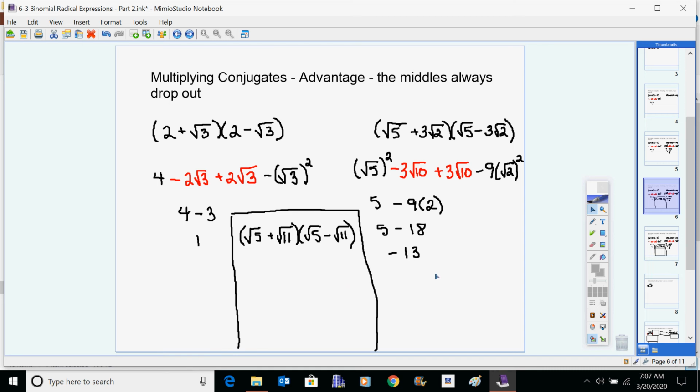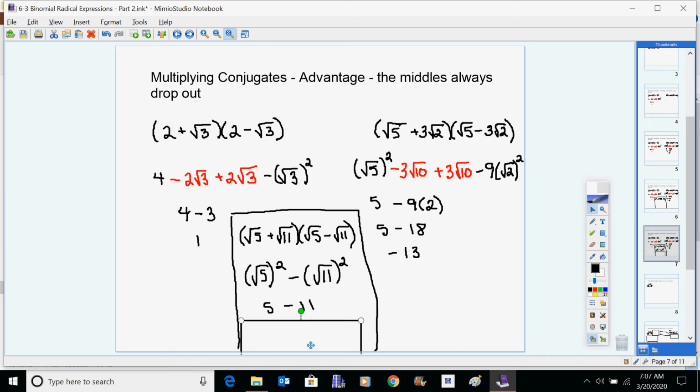And the answer would be negative 6. You can begin to do these in your head when you get good at them. Here's what it looks like. Square root of 5 squared minus square root of 11 squared equals 5 minus 11, which equals negative 6.